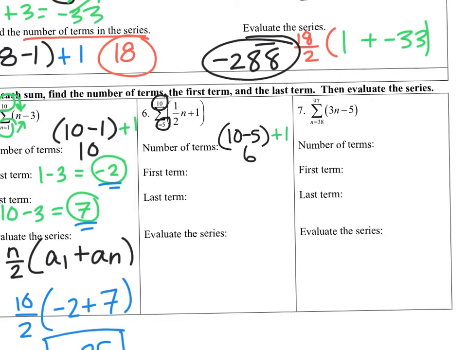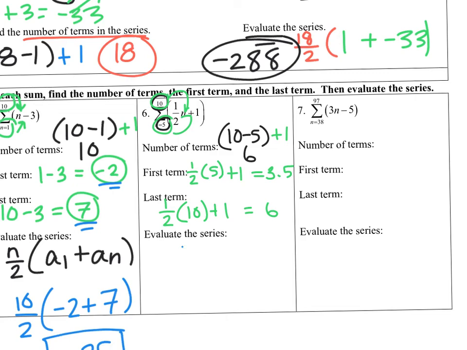To get the first term, you plug in the bottom number. So it's a half times 5 plus 1, and I get 3.5. To get the last term, you plug in the top number. So it's a half times 10 plus 1, and I get 6.